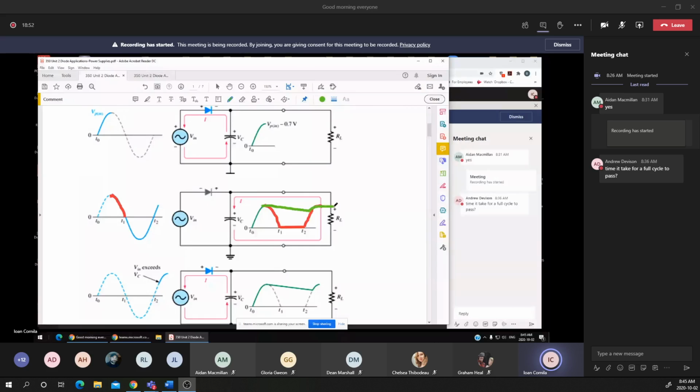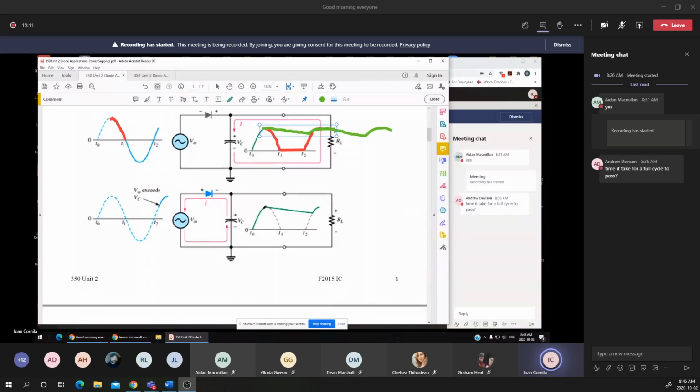That's a repetitive process, and you notice that the output voltage resembles a DC voltage. We still have a ripple, but it's much smaller than it was before.